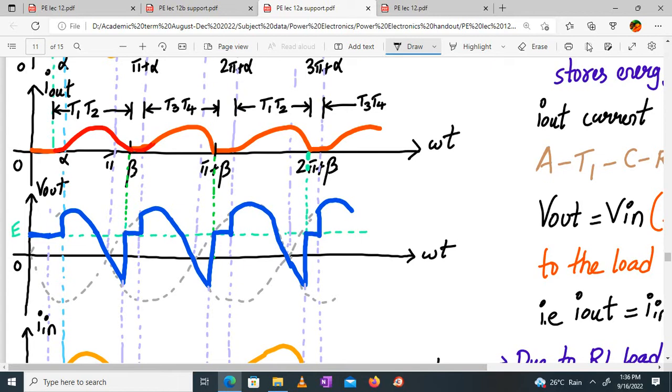Your RLE load is coming into picture now. In continuous mode, why it was not coming, you understood now. So load current negative जा ही नहीं रहा.